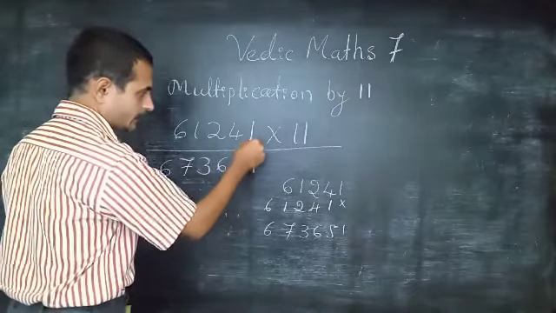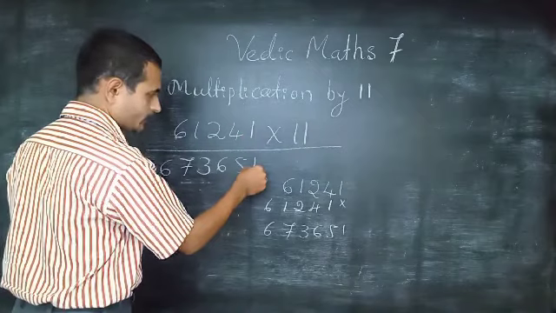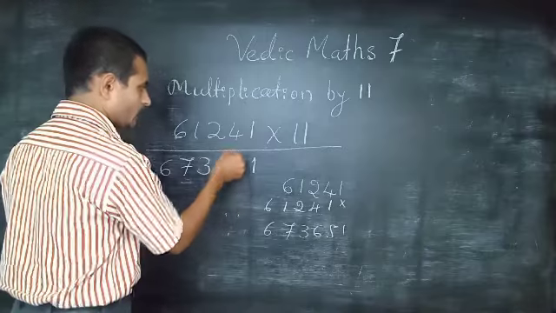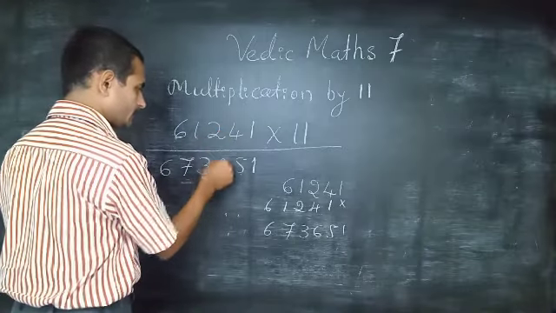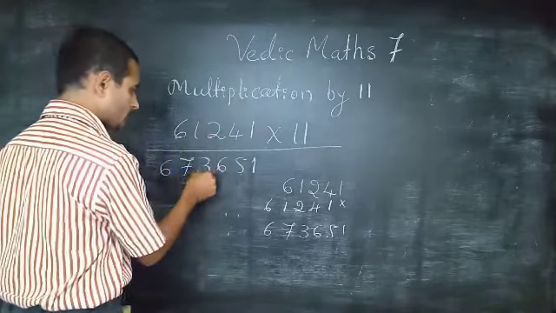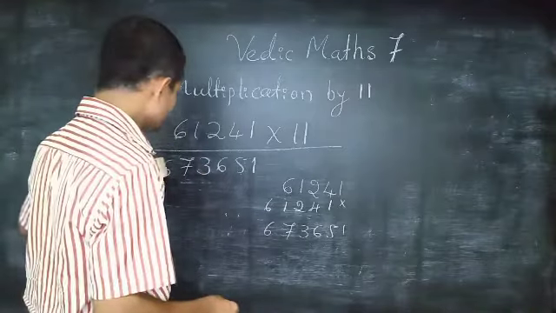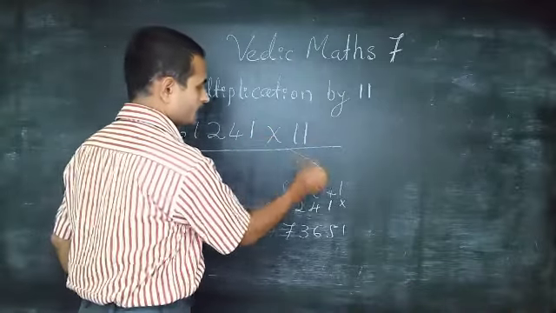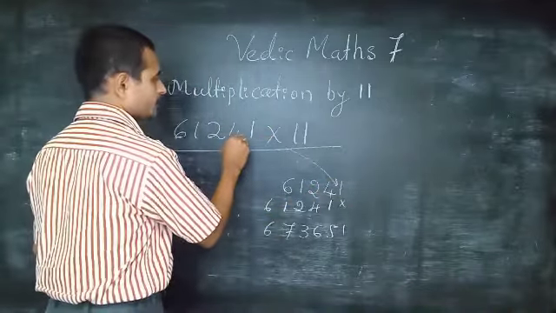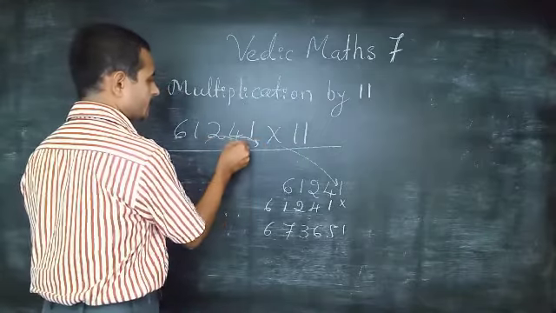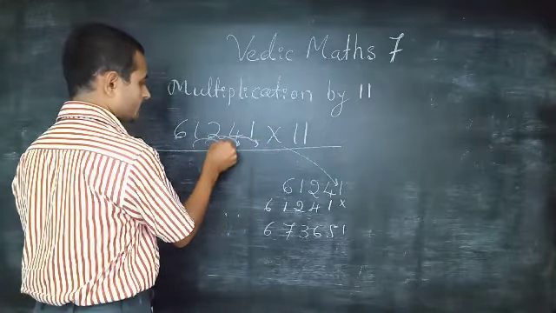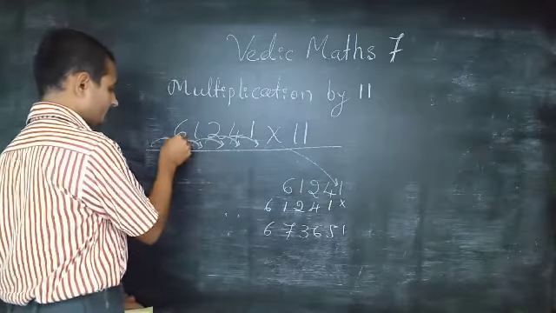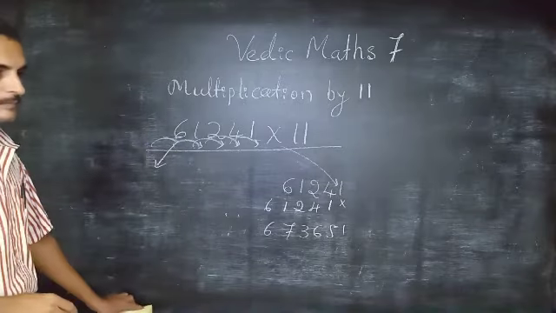You write the first number itself, then add the next number and step back, the next number and one step back, the next number and one step back, and the last number itself.